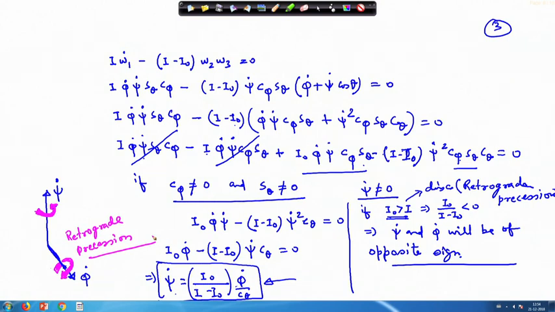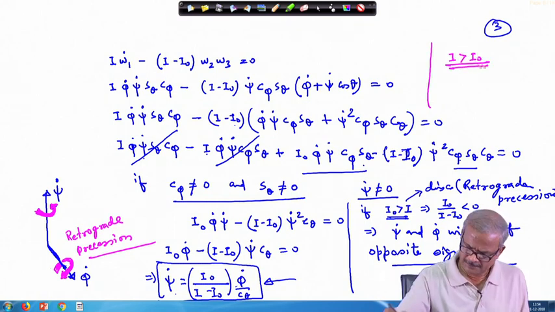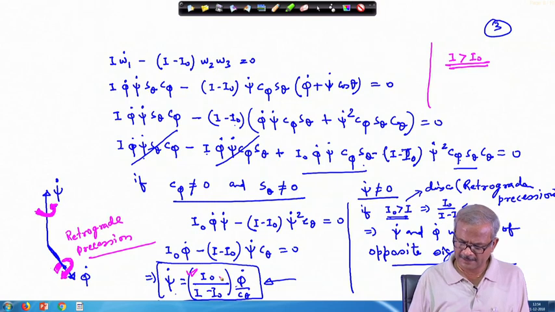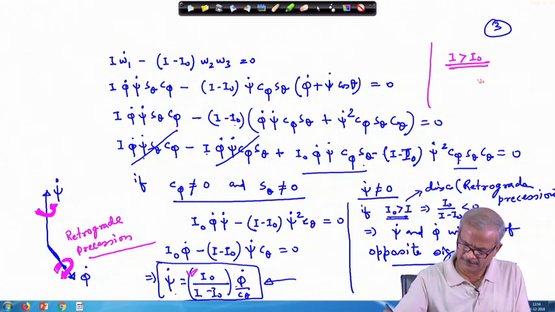On the other hand, if you have the case where I is greater than I 0, the quantity in this bracket is going to be positive, and therefore both psi dot and phi dot will have the same sense.